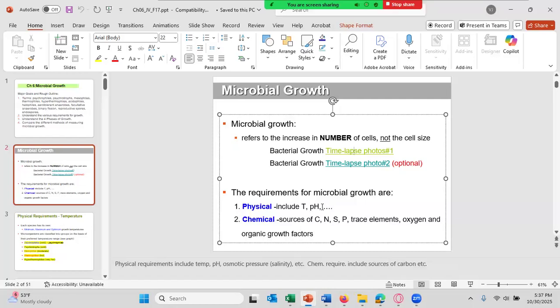Chemical requirements: the cell has to have a source of carbon, nitrogen, sulfur, phosphorus, trace elements, and oxygen if oxygen is required, and organic growth factors if they are required. Any question about any of that?